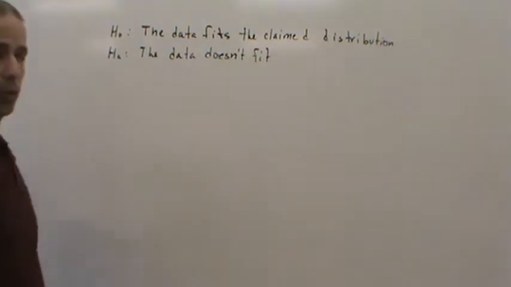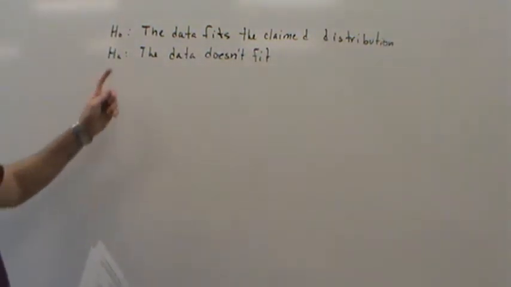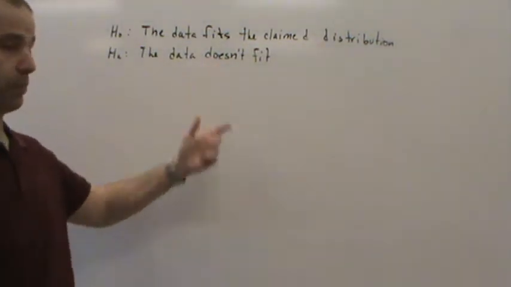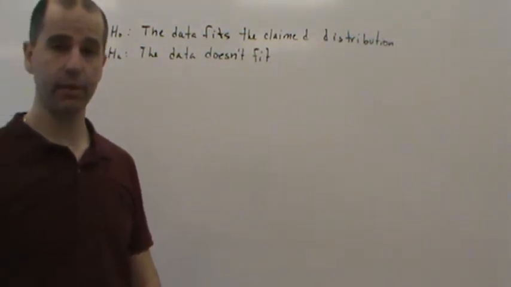Remember, we're always going to assume the null is true, and if there's enough evidence against that, then it would support that it does not fit that claimed distribution.